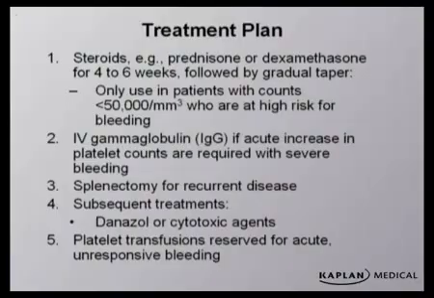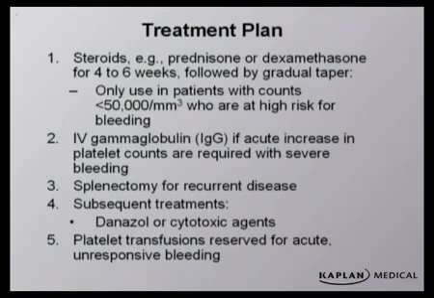Now, what if the patient is not bleeding? Then the answer is, if the platelet count is 50,000 or above, most people would not use any type of treatment in this patient and would just watch the patient.